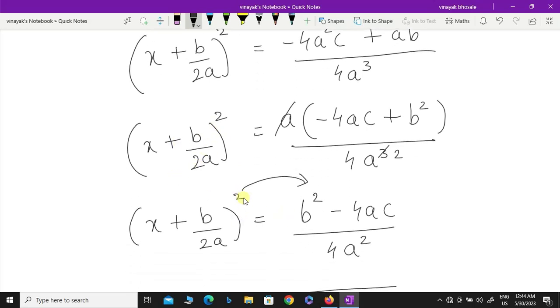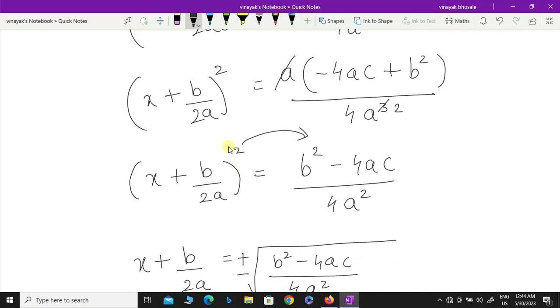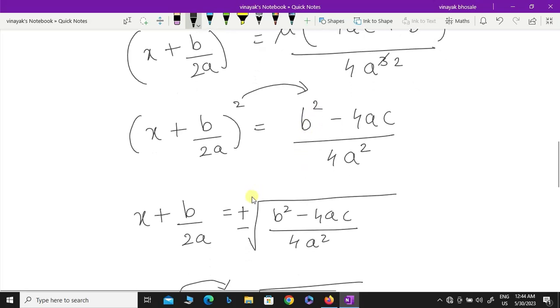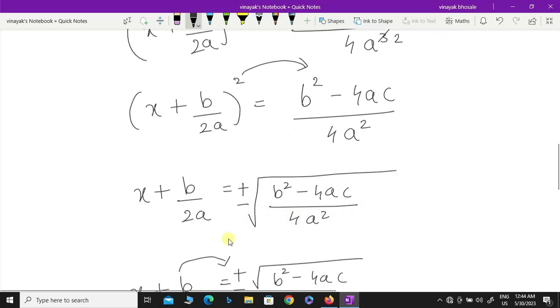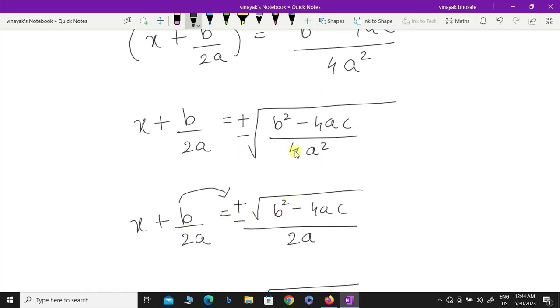And now we will shift this square to the right hand side. Once you shift this square, it's going to be plus or minus square root of b squared minus 4ac divided by 4a squared, and the square root of 4 is 2 and square root of a squared is a.